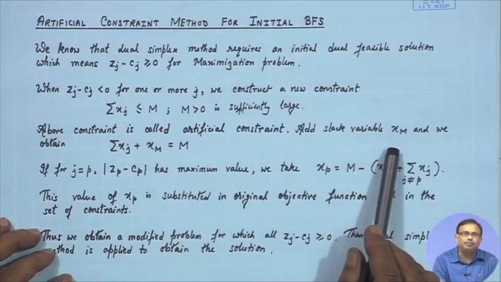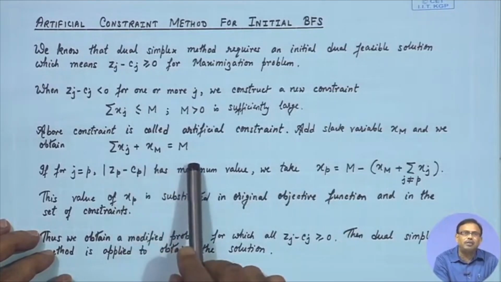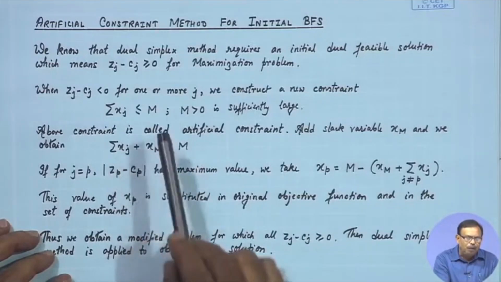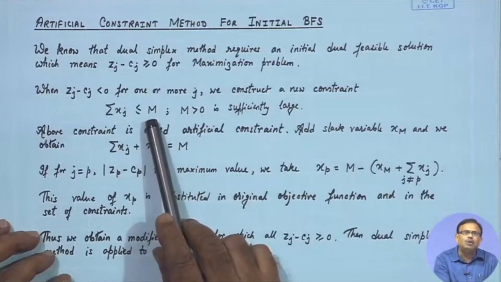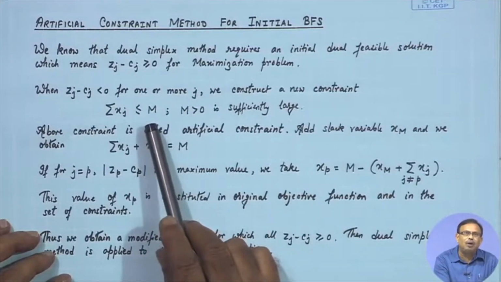variable, say x m, and we obtain summation over xj plus xm equals capital M. So, basically we are adding a new constraint at first for which zj minus cj is less than 0 for one or more j.